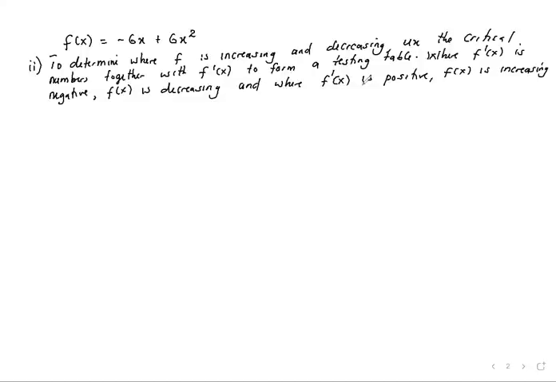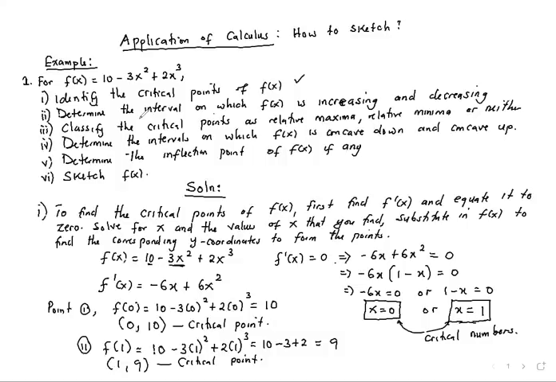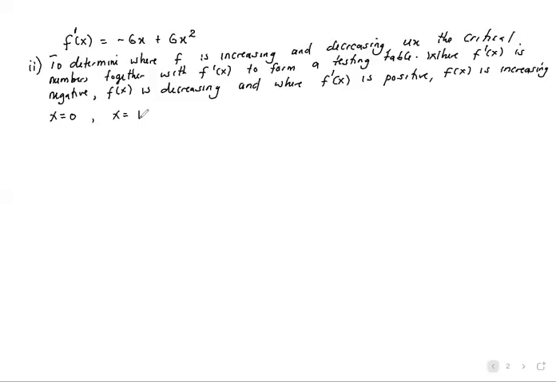Okay, so we have the first derivative there, that is f prime of x. We also have the critical numbers, x is equal to 0 and x is equal to 1, the numbers we found here. So these two values, we form a table.